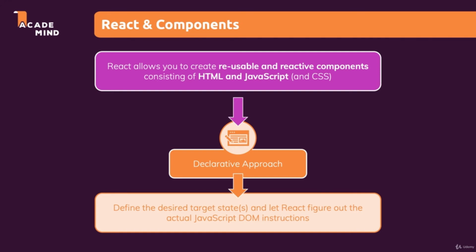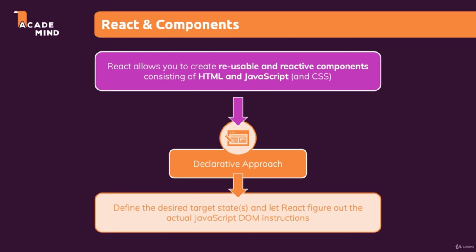And it's then React's job to figure out which elements on the actual web page might need to be added or removed or updated. And you don't write these concrete DOM updating instructions on your own, as you would be doing it with just JavaScript. Instead, with React and React components, you just define these end states and under which conditions which state should be used.